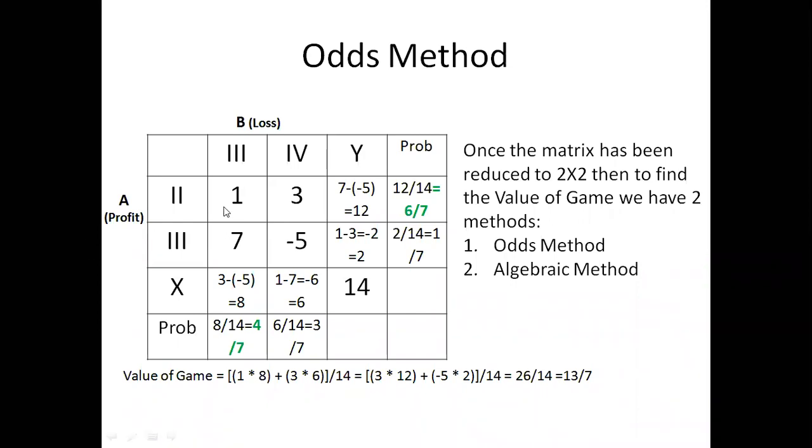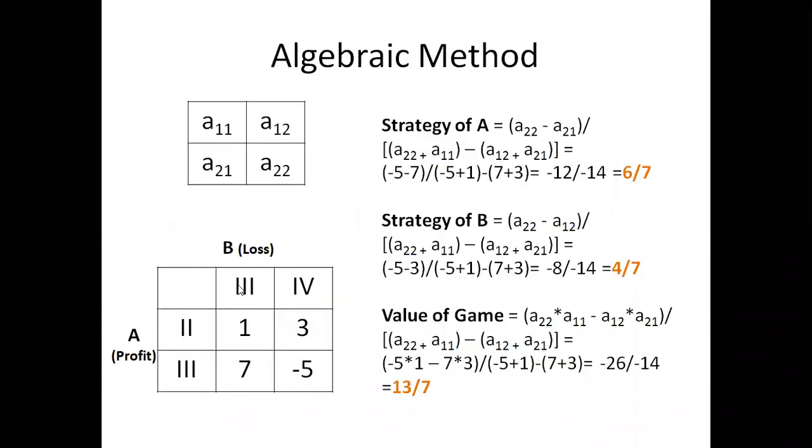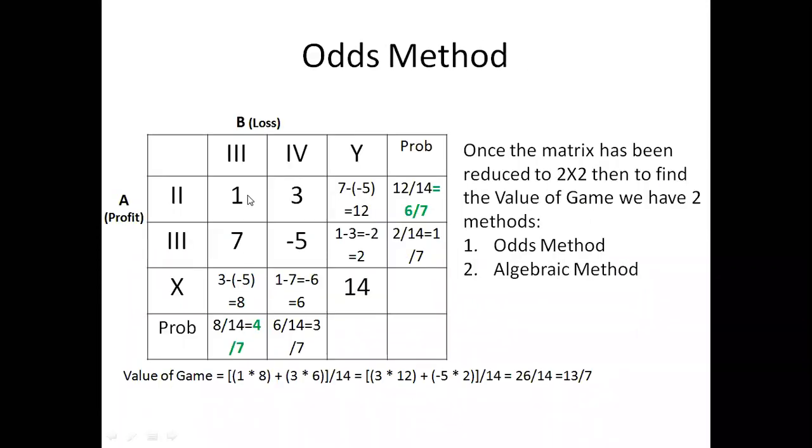In this case, 1 into 8 plus 3 into 6, the first row entries into the oddments. So that is equal to 8 plus 18, equal to 26 by 14. So the answer in this case is 13 by 7.